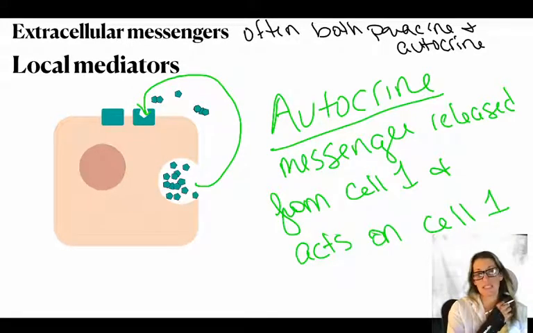If it gets released into the environment and this receptor is also on nearby cells, it's going to have an action on the nearby cells as well. So this autocrine messenger then becomes a paracrine messenger.